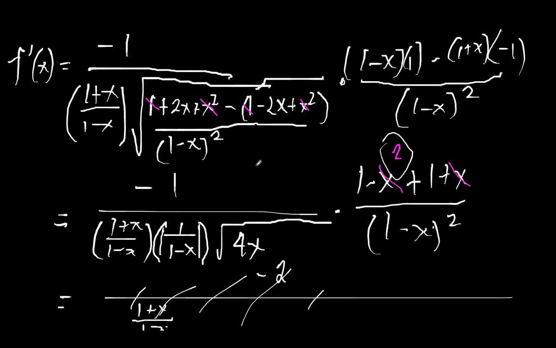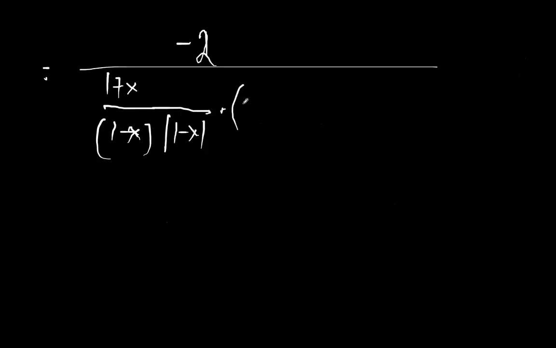Times 1 minus x squared, times 2 square root of x. Here we go.